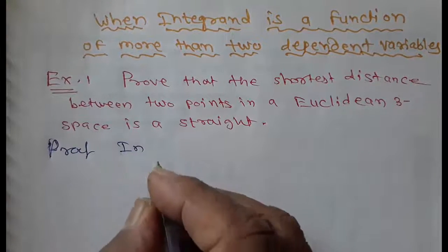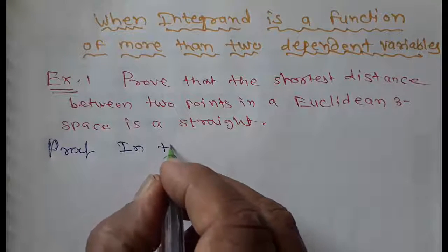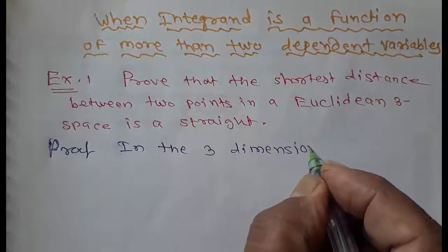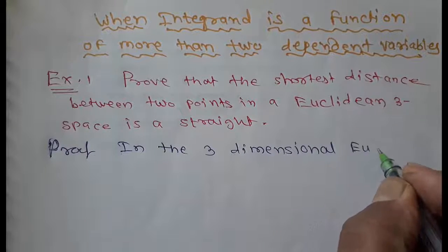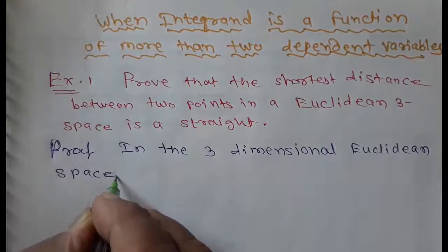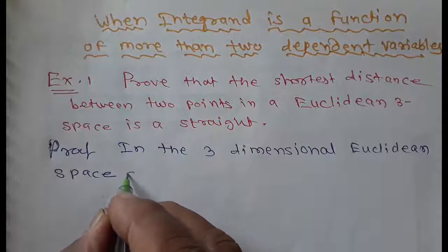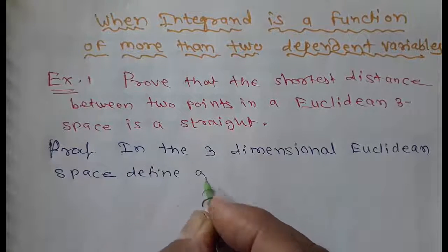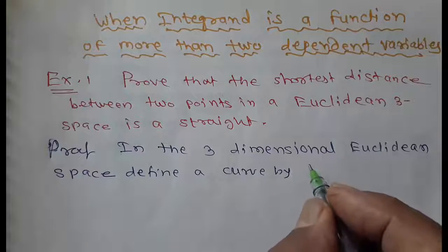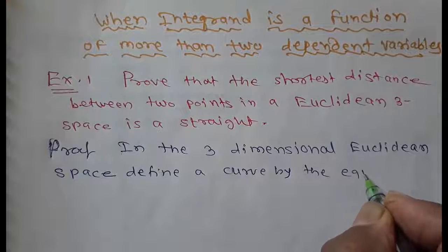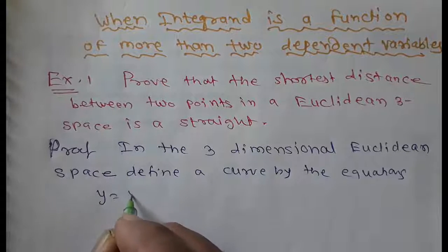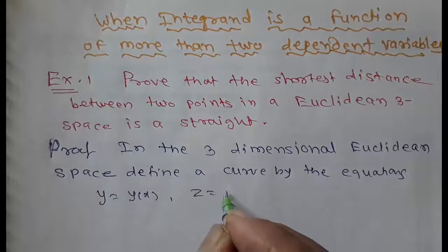In the three-dimensional Euclidean space, define a curve by the equations y equal to y of x, z equal to z of x.